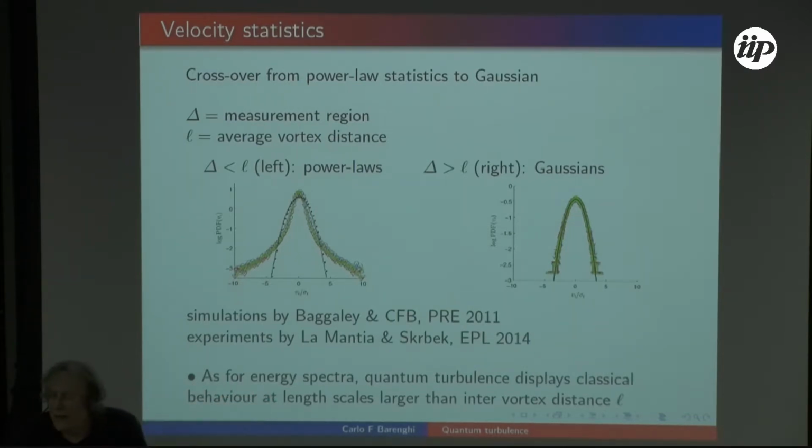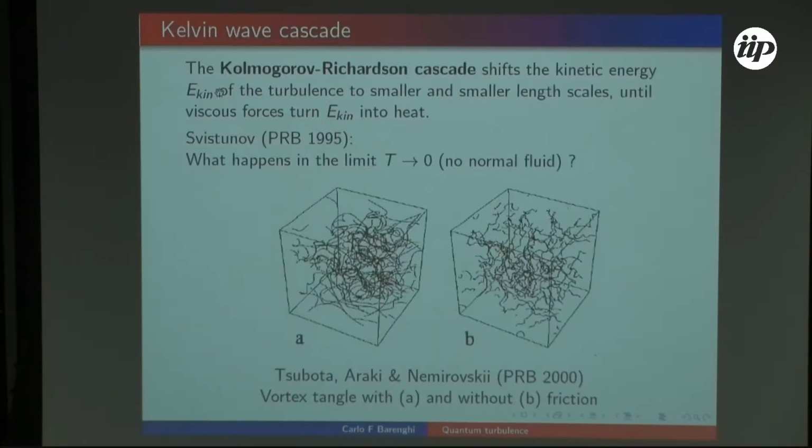So we can create regimes at finite temperature in liquid helium or at zero temperature, and also in Bose-Einstein condensates according to the numerical simulations, not the experiments, in which we create quasi-classical turbulence. Okay? Now, there is, however, something to add. If the temperature of the liquid helium or the temperature of the condensate is very small compared to the critical temperature, the friction is very small.